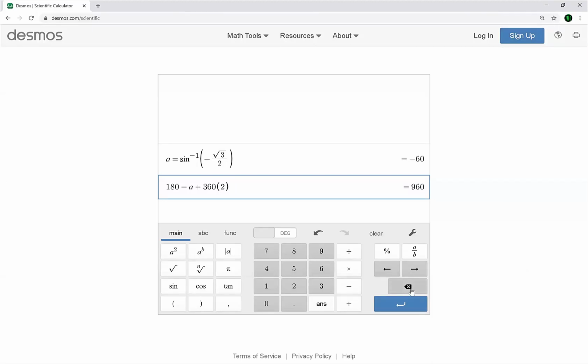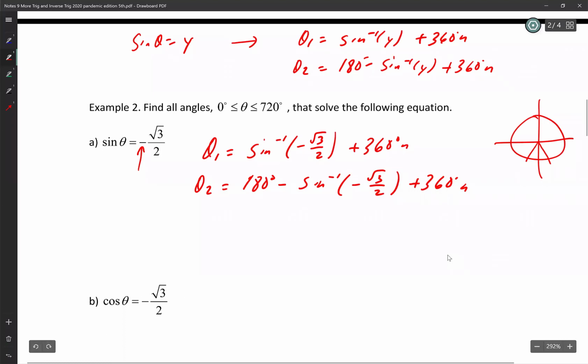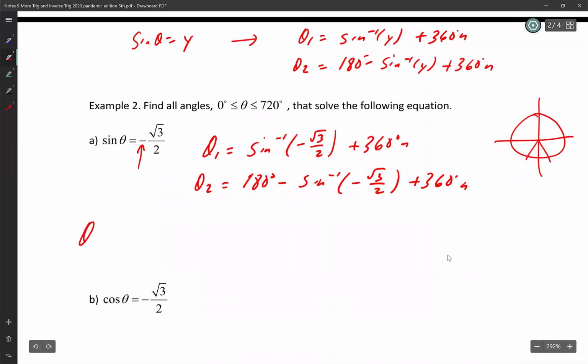So do you guys remember all the answers that you guys got? Okay, let me write the answers down first. Give it to me from smallest to largest. It was 240, and then it was what? 300, I think. And then it was 600.